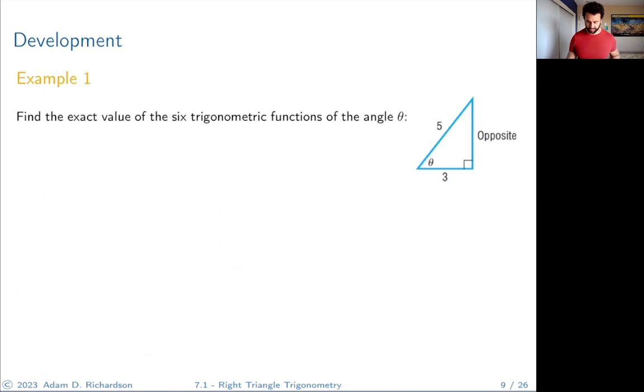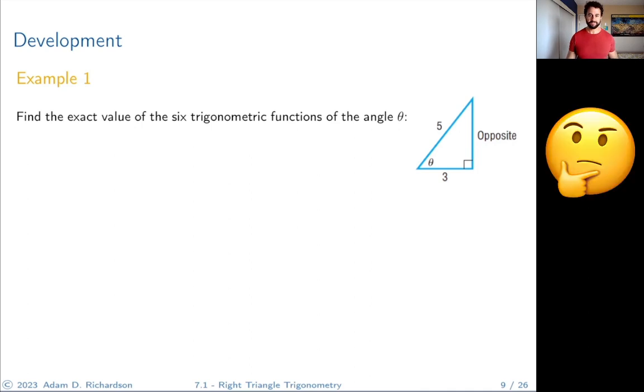Okay, so let's try an example here. So let's find the exact value of all 6 of the trigonometric functions of the angle theta using this triangle right here. So think about it on your own for just a minute.